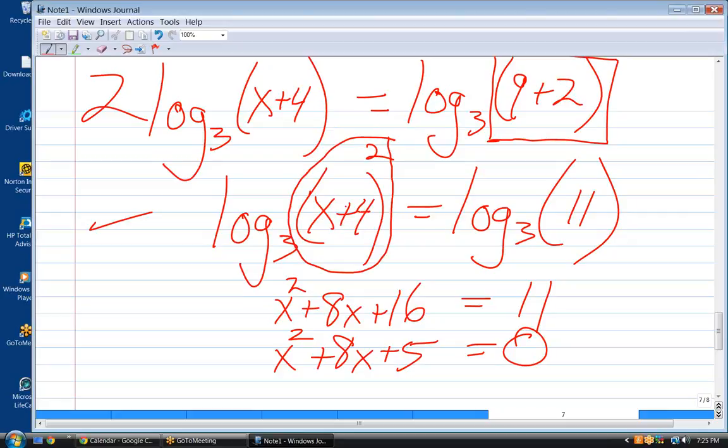If that's negative, I'm going to square it, and I'd be taking the log of a positive number. So if I'm checking my domain there, it passes. But if I'm checking it at the original, it does not pass. One of the answers doesn't pass. Both answers pass this part. But just always remember you've got to go to the beginning.